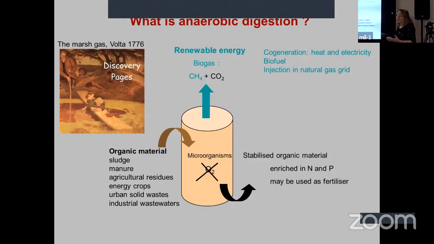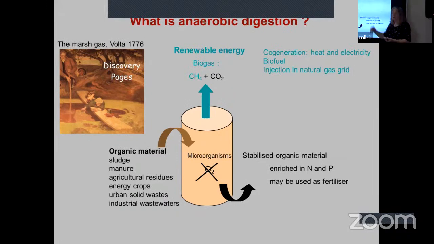You can also produce a biofuel and inject it into the natural gas grid when the country has such a grid. And also the undegraded material, which is composed of the non-biodegradable fraction of the substrate, is enriched in nitrogen and phosphorus, as nitrogen and phosphorus are not degraded, and it may be used as fertilizer.